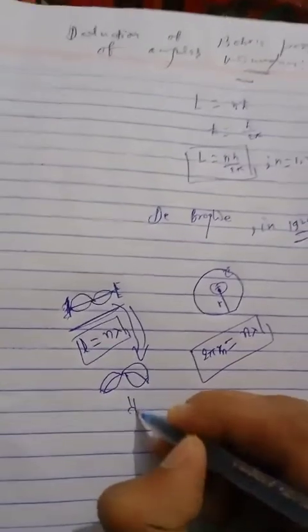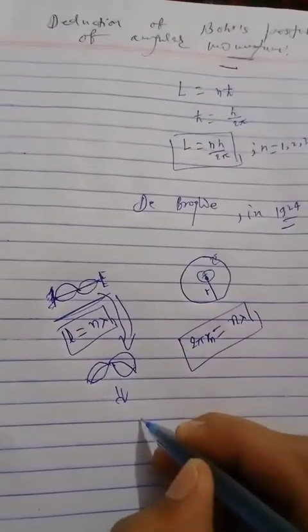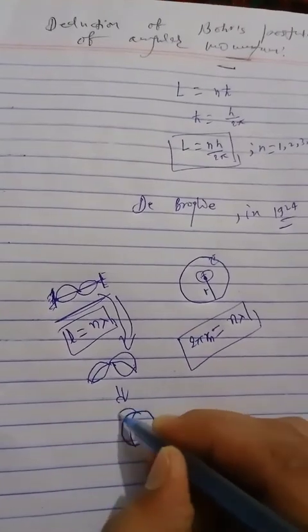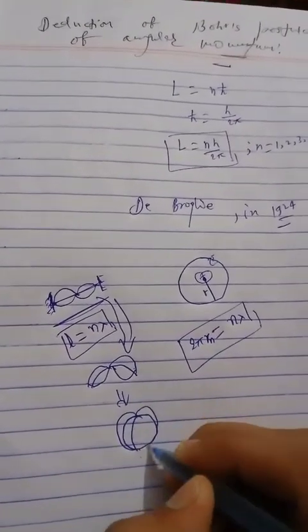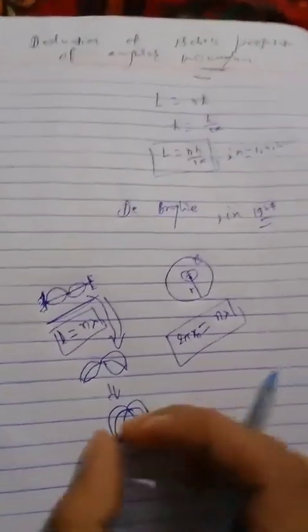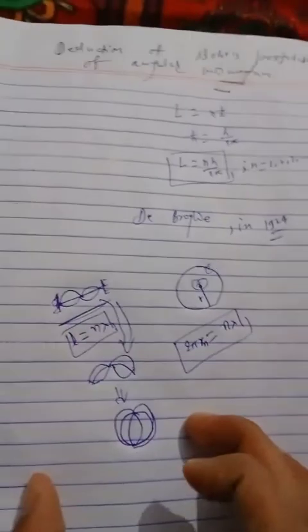If you stretch this circular wire into a straight wire, you will get this exact wave.